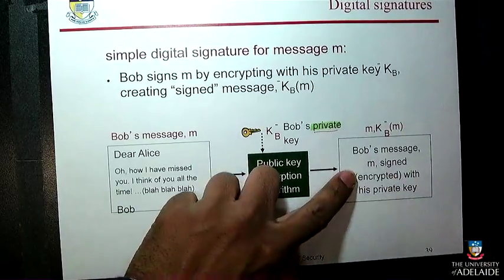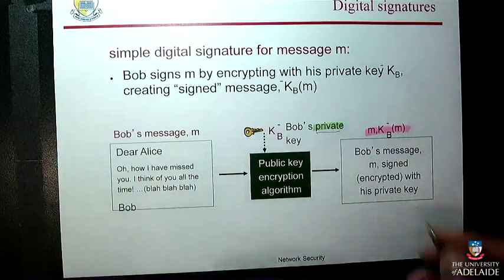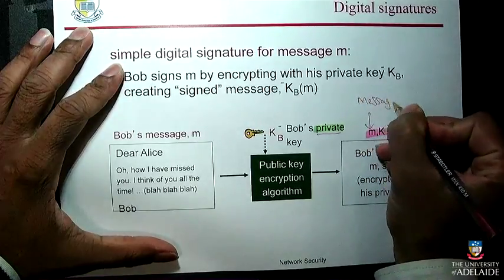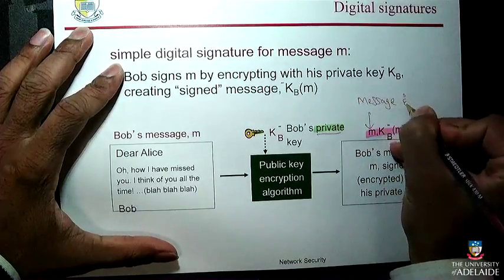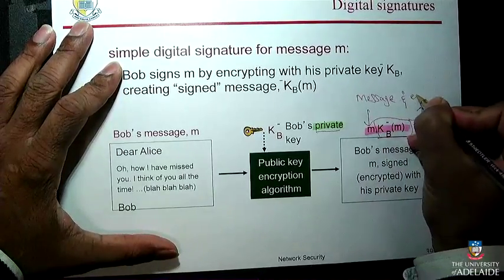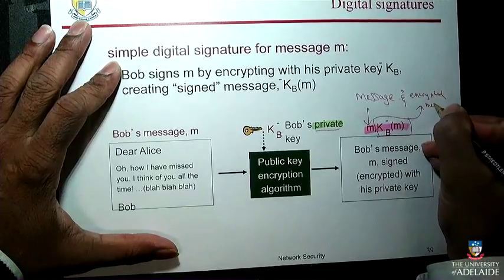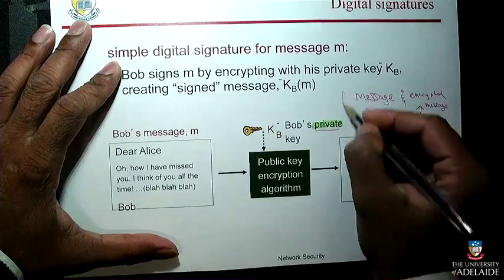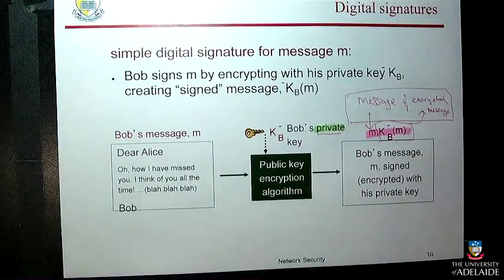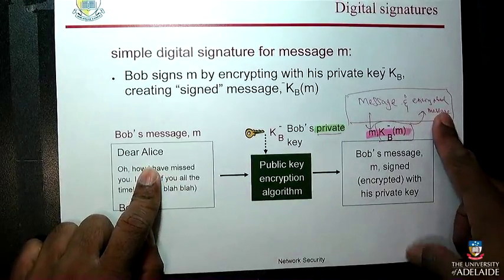Your signed document is your message and this encrypted version. In this case, it's the letter plus the encrypted version of that letter with Bob's key.